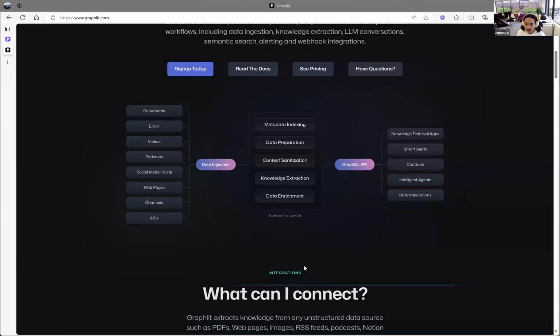Yeah, for sure. I think this concept of multimodal RAG has become more and more popular.